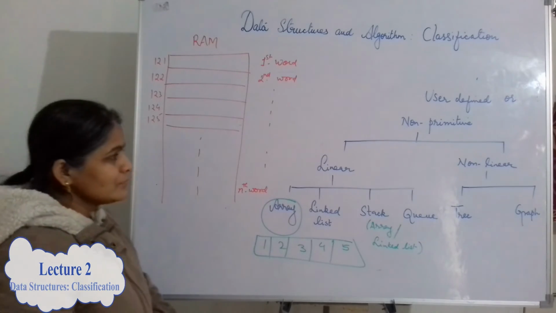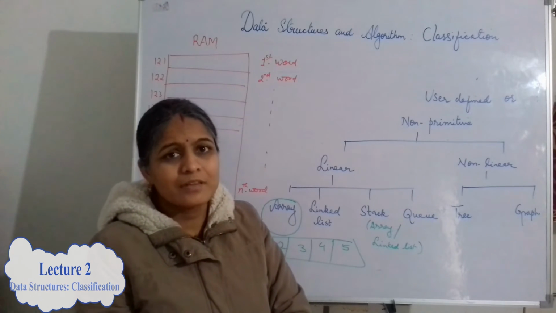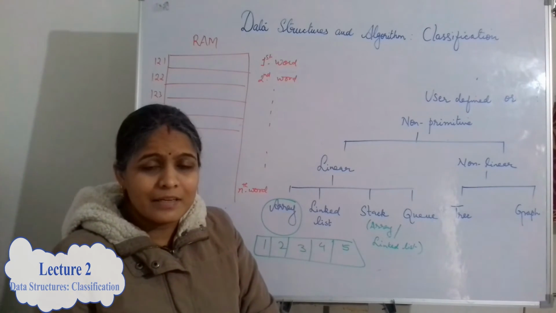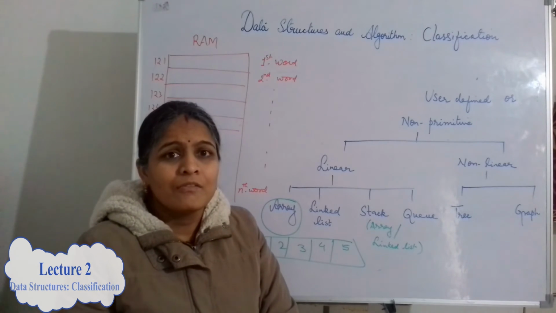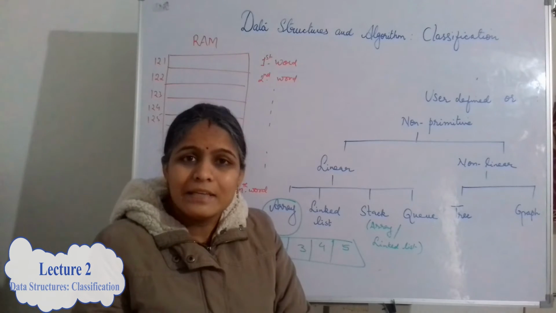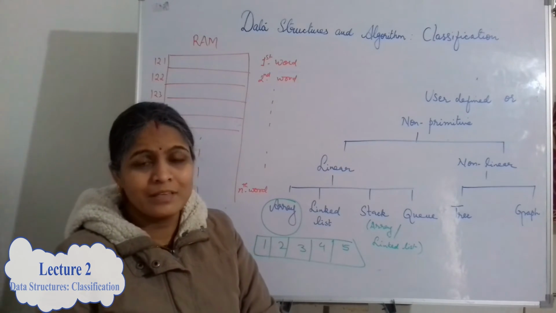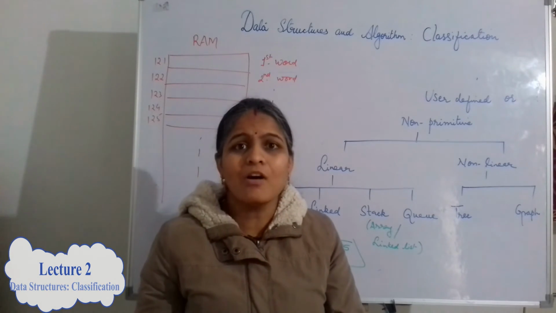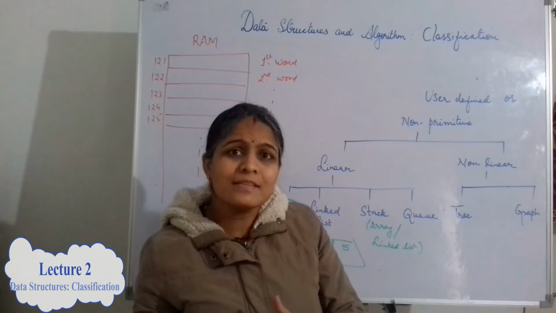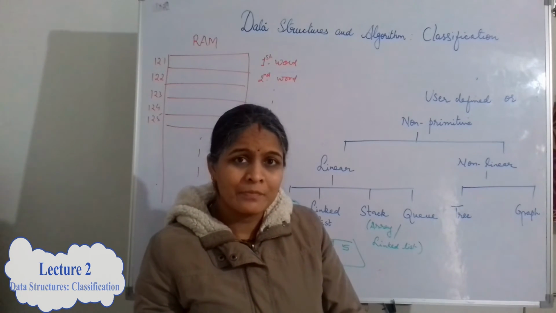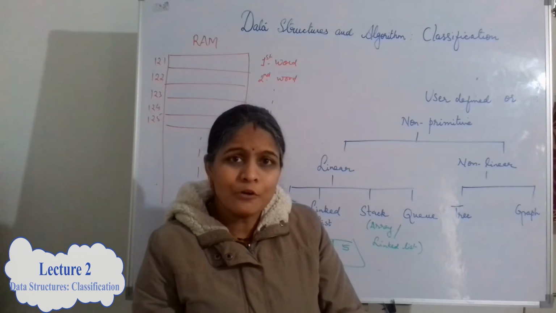So, let us define linear and non-linear data structures. Linear data structure means the elements of the data structure form a linear relationship in the memory. The elements form a sequence in the memory, and this sequence can be maintained in two ways.